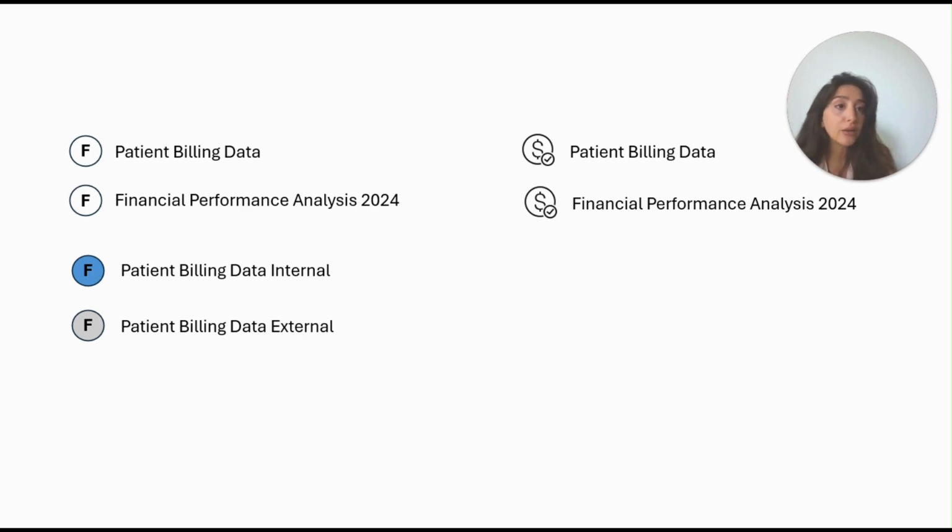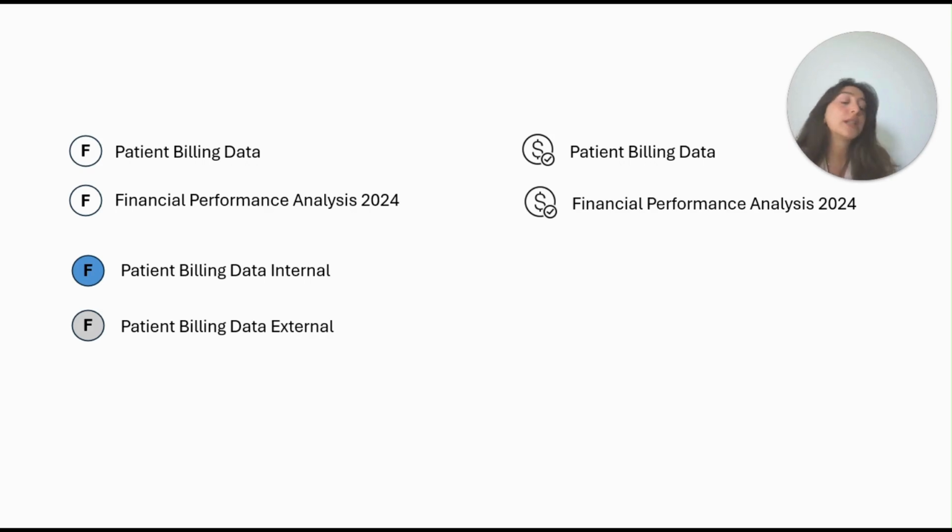For example, here for the finance department, or for the cardiology, or for the emergency department data. Then within each department, you can have subfolders for different report types. It could be anything like, as we mentioned here, patient billing data or financial performance analysis for 2024.